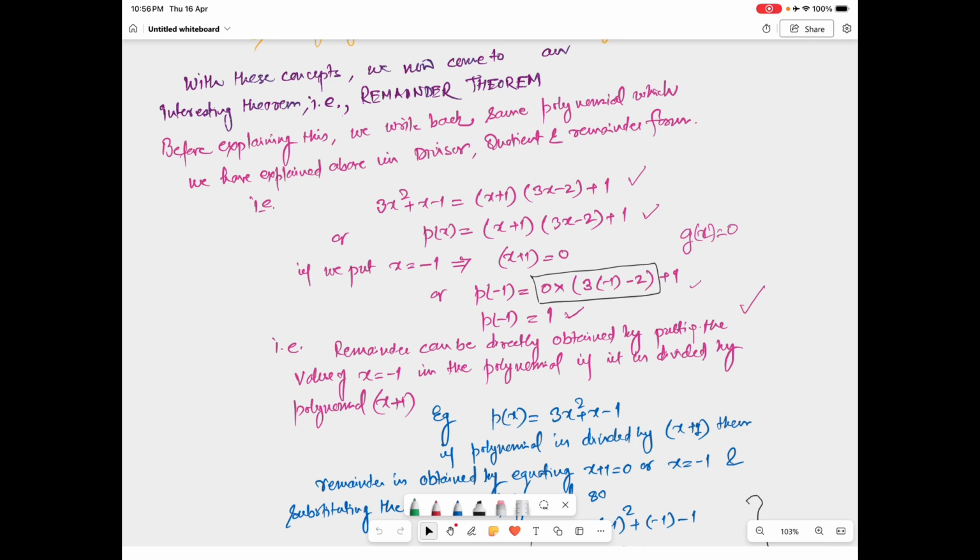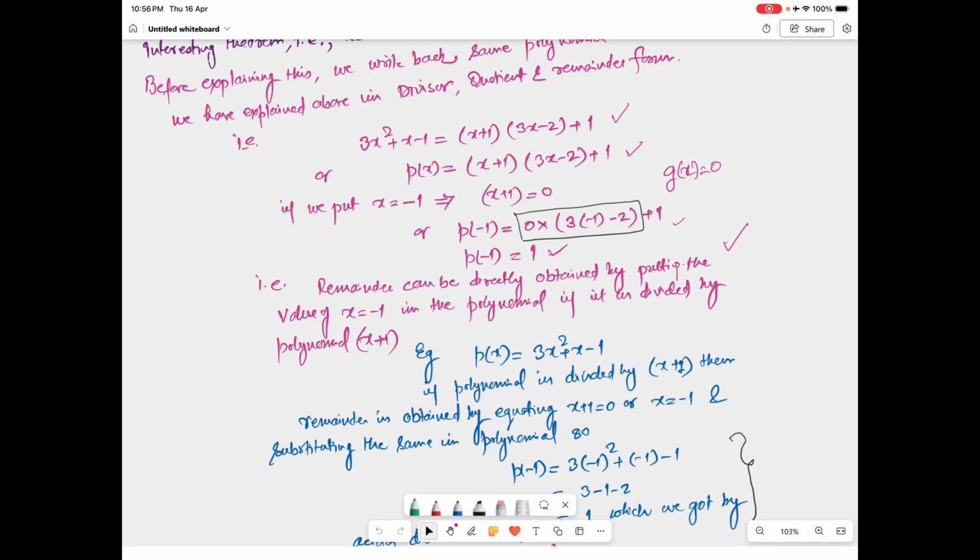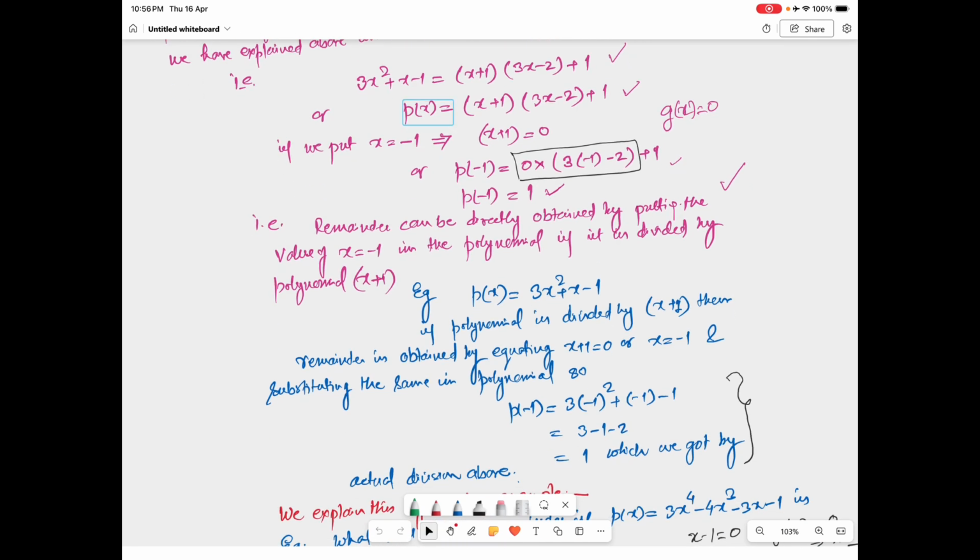So if I put x is equal to minus 1, meaning I try to make x plus 1 equal to 0, so if I make the divisor equal to 0, what will happen? I will be remaining with the remainder only. So p of minus 1 is the remainder, which is a method by which we can find out the remainder if we divide a particular polynomial with a divisor.